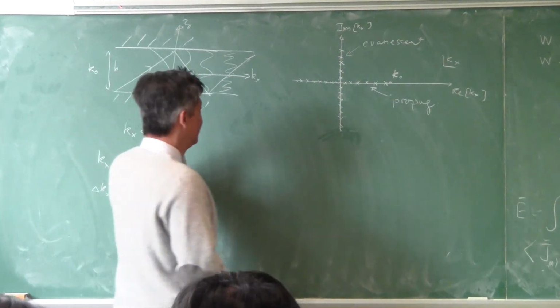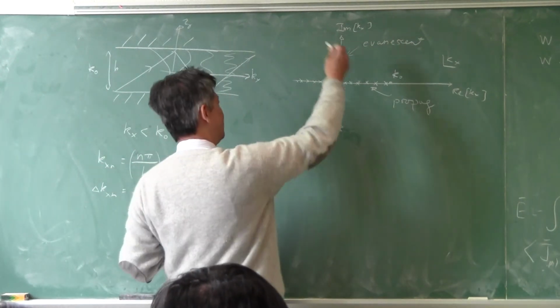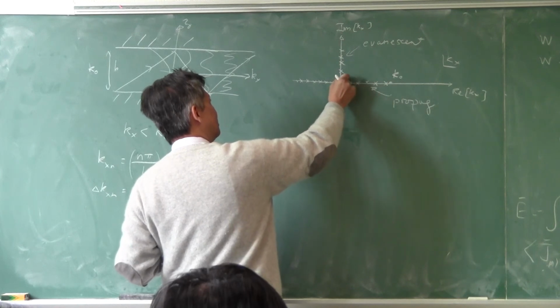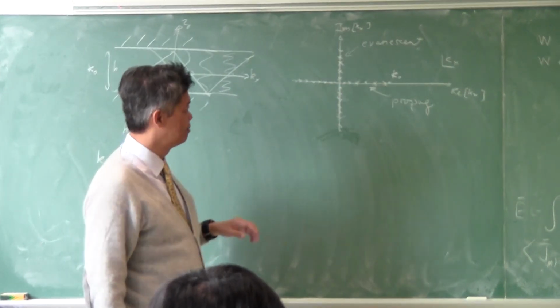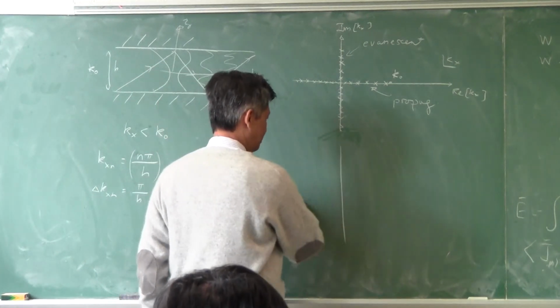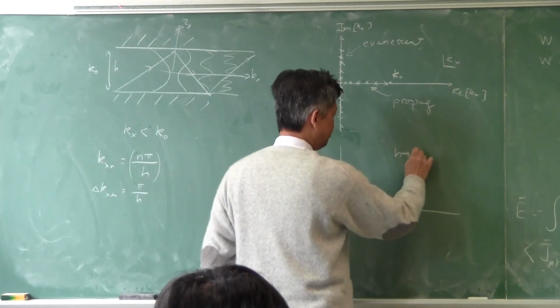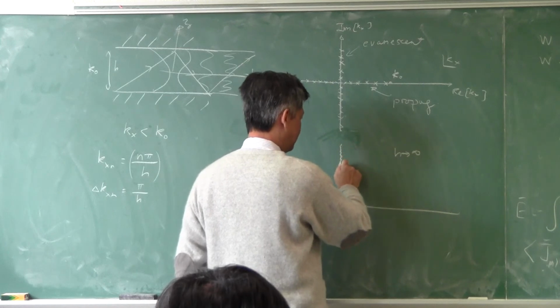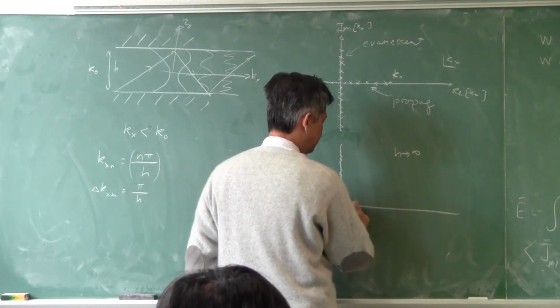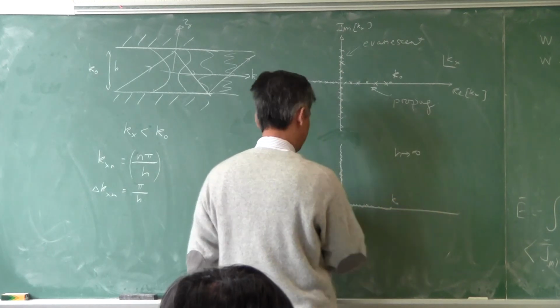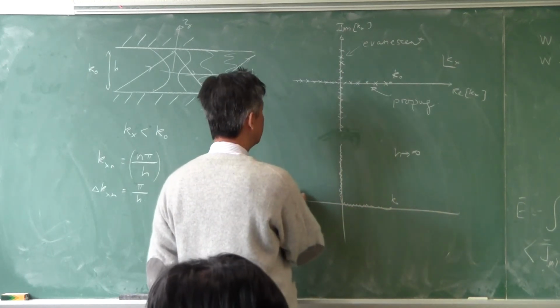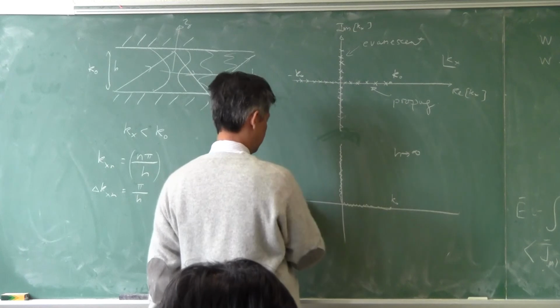If you put the parallel plate apart, you have more and more modes, and then it becomes densely populated on the real and imaginary axis. And in the limit when h goes to infinity, you have the branch cuts back. Those modes are just lining themselves along the branch cut. So you get back to your knowledge of chapter 2.